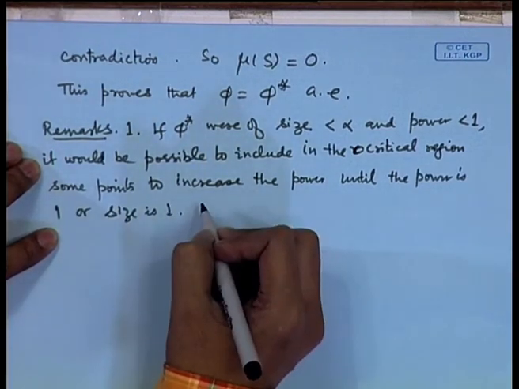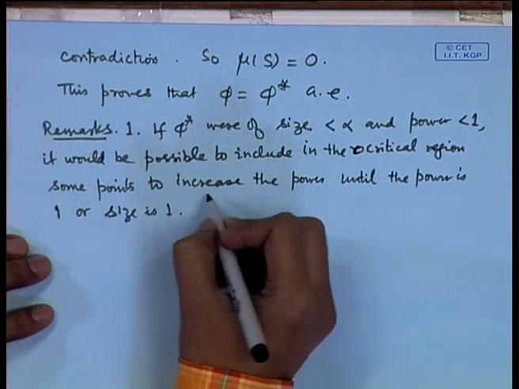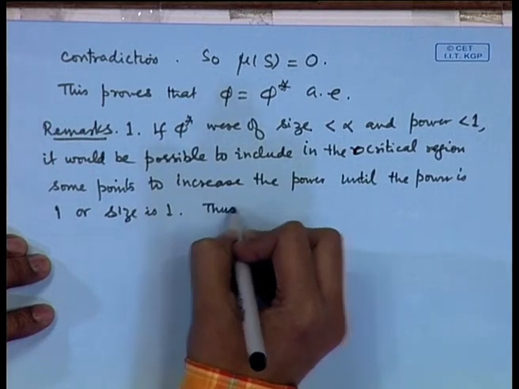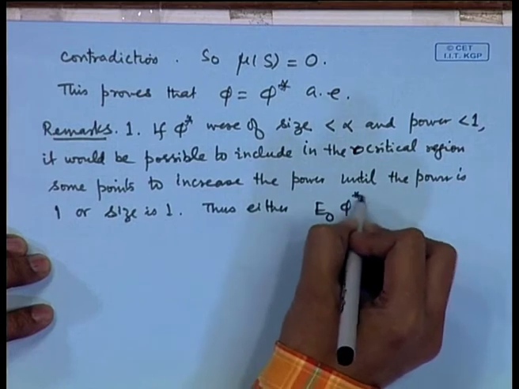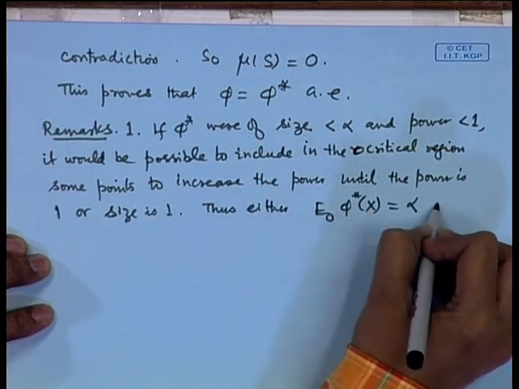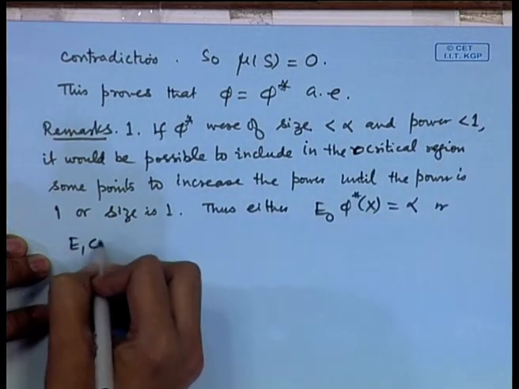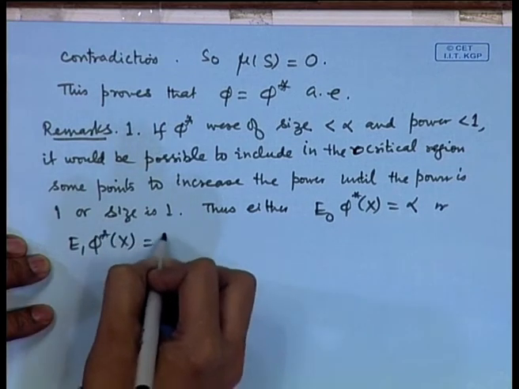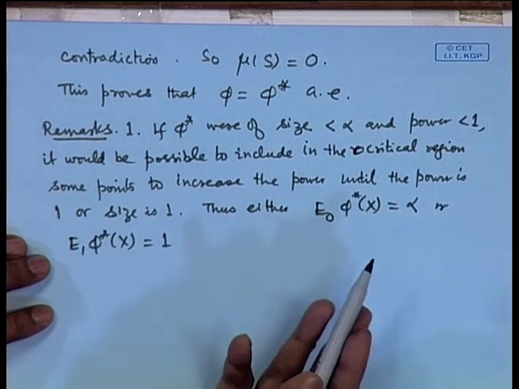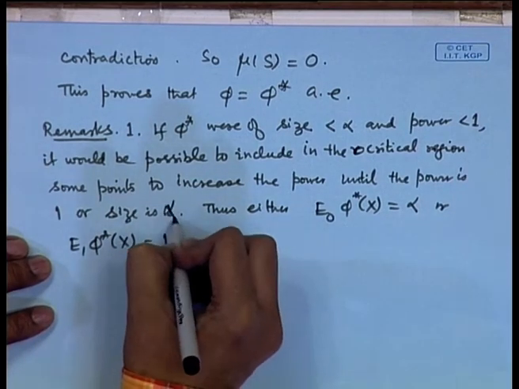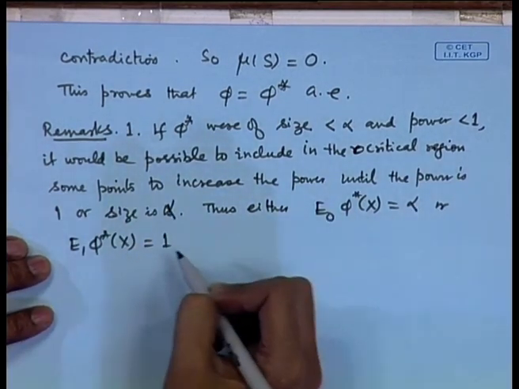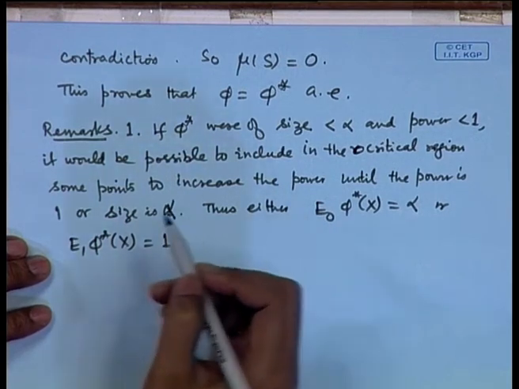Either of the things will happen. Thus, either you will have expectation of phi star x equal to alpha or expectation of 1 minus phi star x equal to 1. That means, either the size will become alpha or the power will become 1.